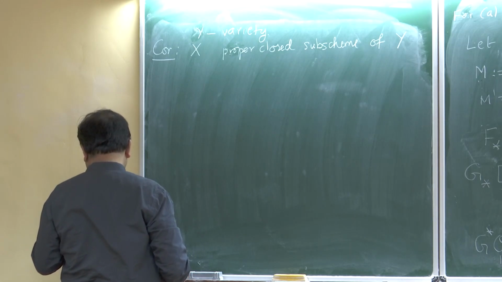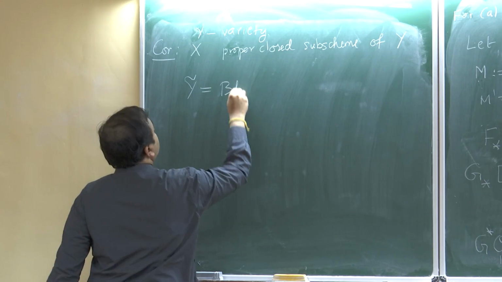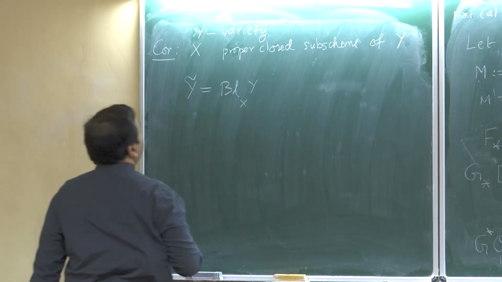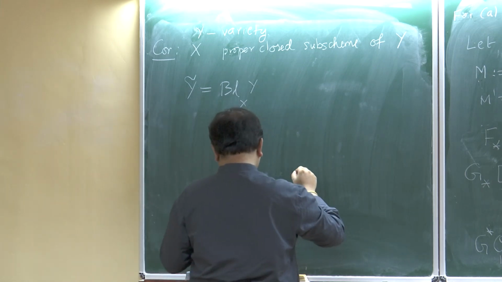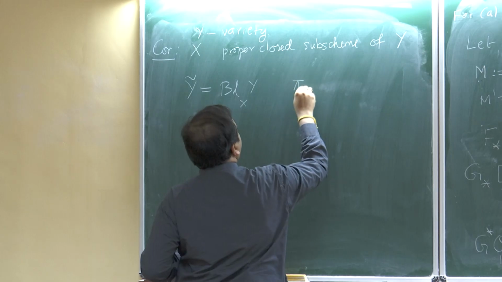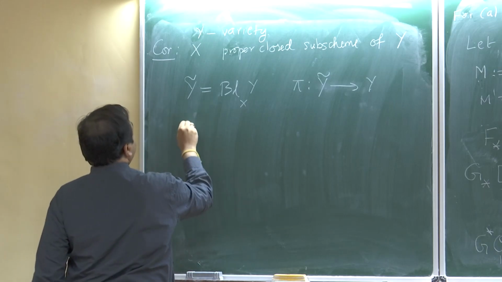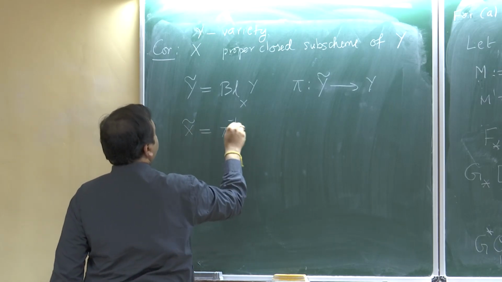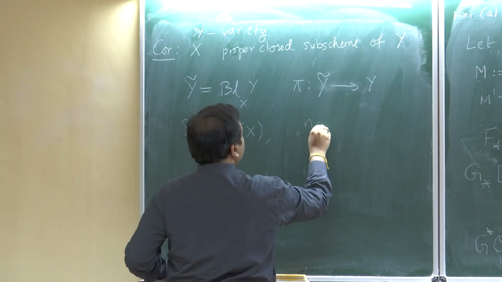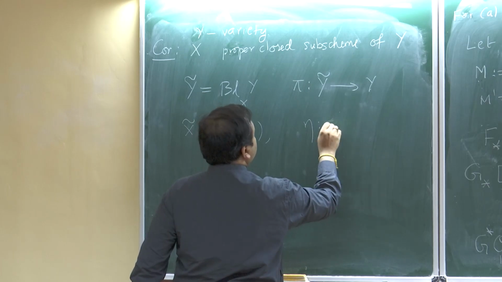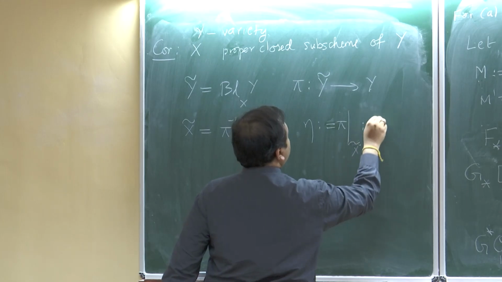Okay, so let Y tilde be the blow-up of Y at X, and you have this pi from Y tilde to Y, and let X tilde be the exceptional divisor, and you have this map eta, which is pi restricted to X tilde going from X tilde to X.